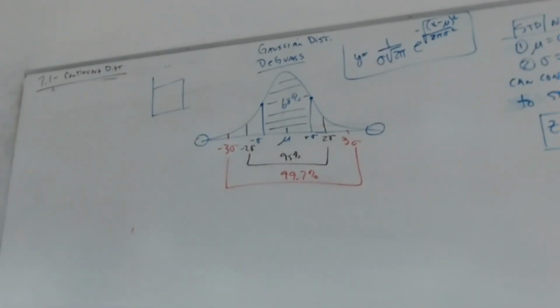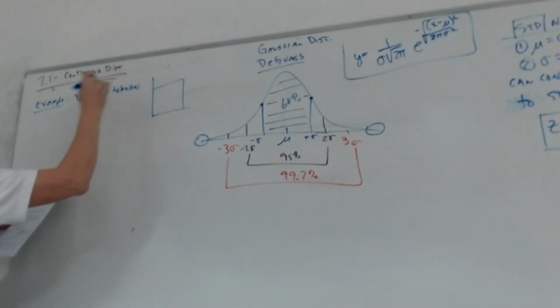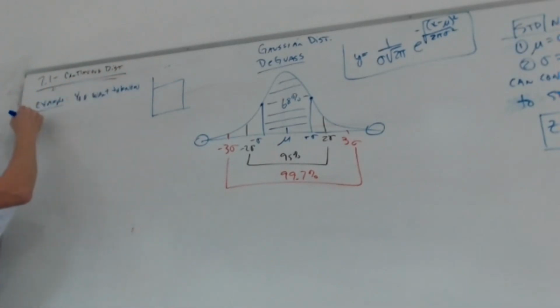Okay, all right, so let's do an example. You want to know the probability of finding a toddler 35 to 38 inches tall.